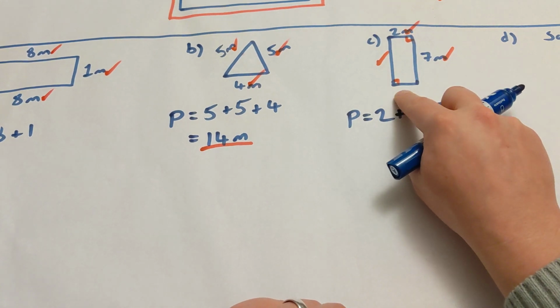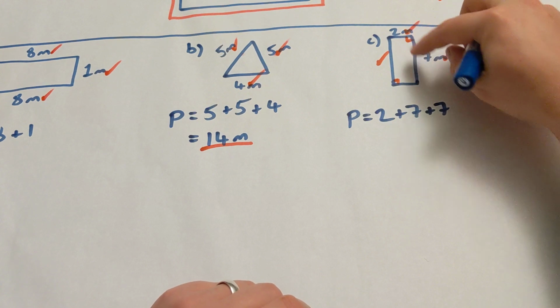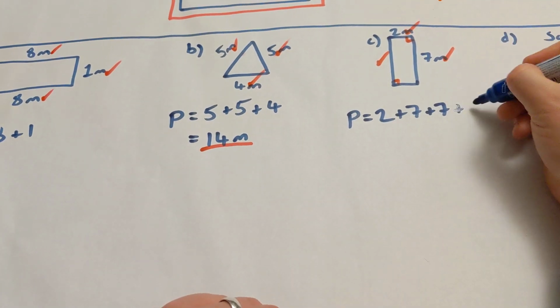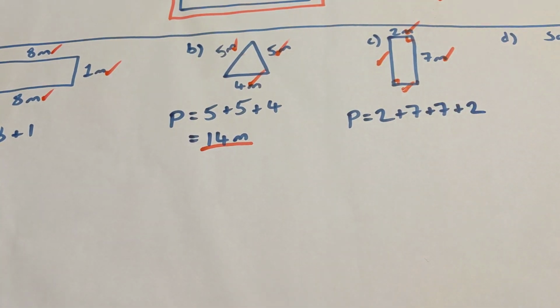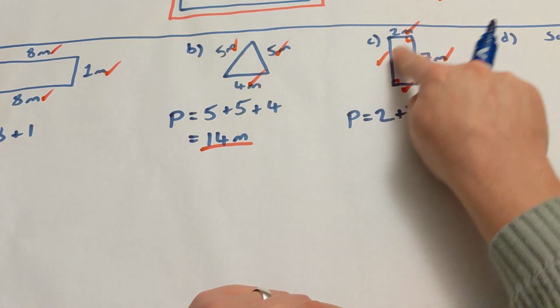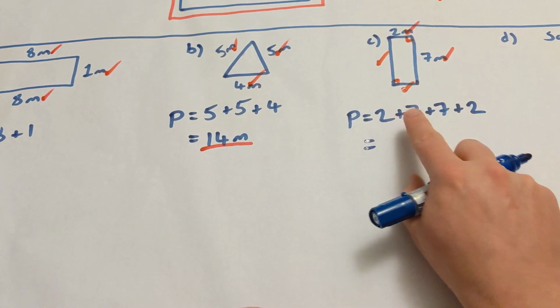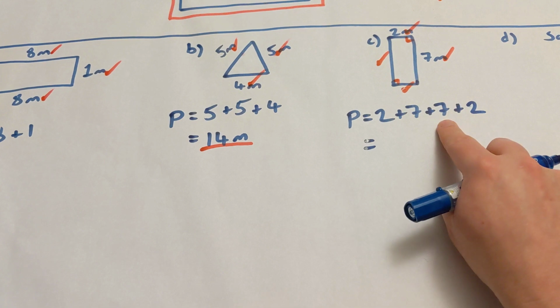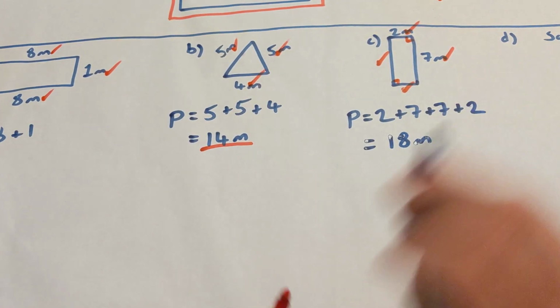Can you see that? Because these two sides need to be the same size. So let's add in another 2, and we'll put a little tick on the side to show that we have included all 4 sides now. So let's add these together. 2 plus 7 is 9, plus 7 is 16, plus 2 is 18. So that is 18 meters.